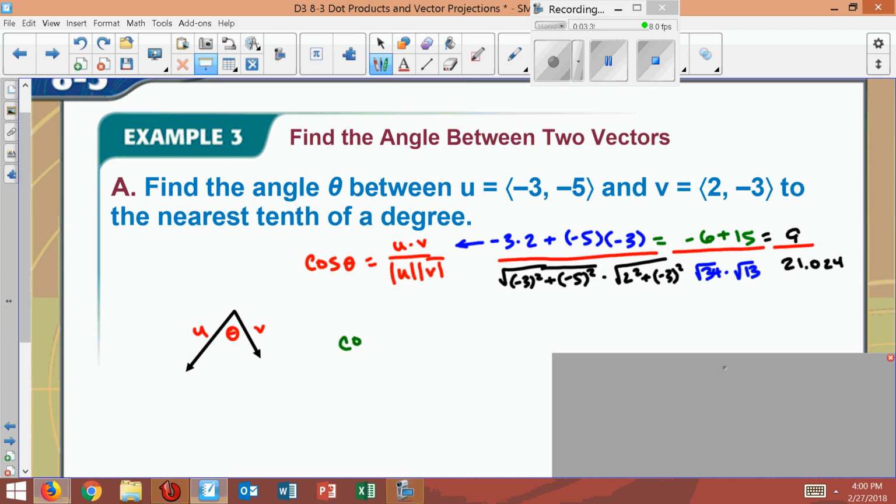So if cosine theta equals 9 over square root of 34 times the square root of 13, also known as that 21.024, then theta would equal cos inverse of 9 over 21.024. Let's see what we get when we type that in the calculator.